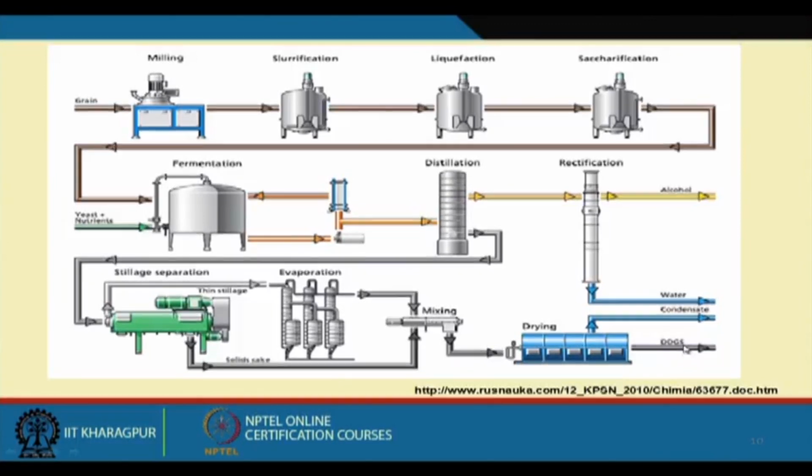It can be used as very good fodder by different industries. By adding some other nutrients, fortifying it with other components. So this is the typical process flow diagram of the alcohol fermentation process using starchy raw materials.